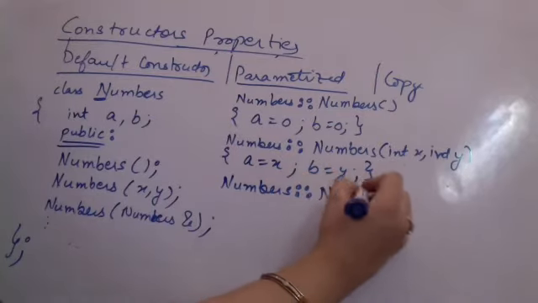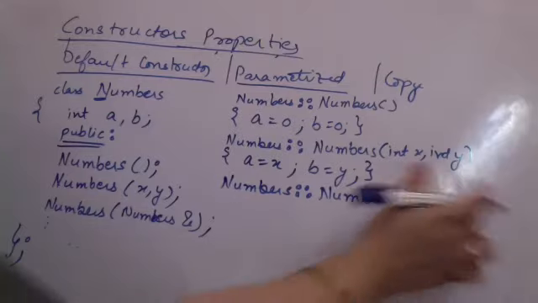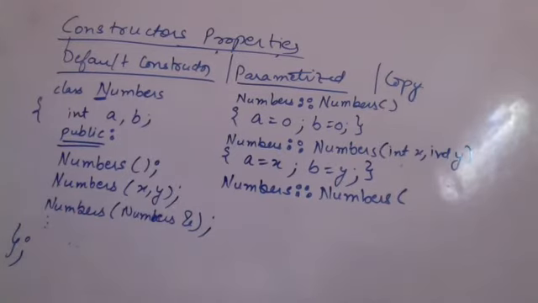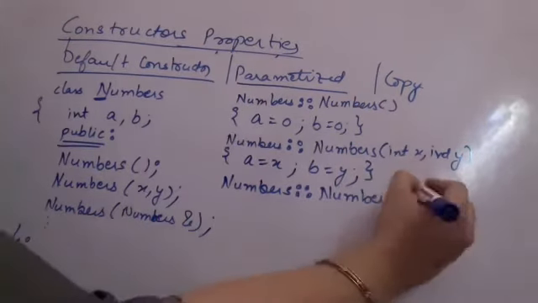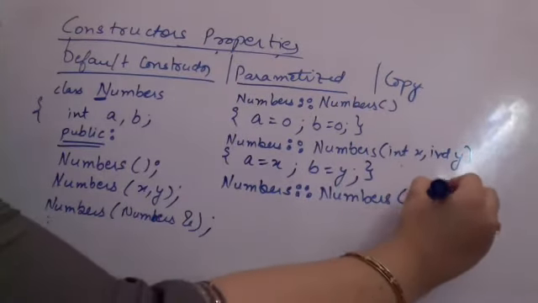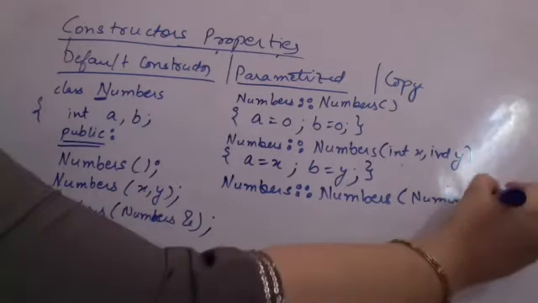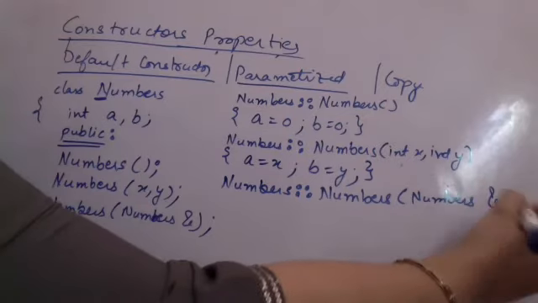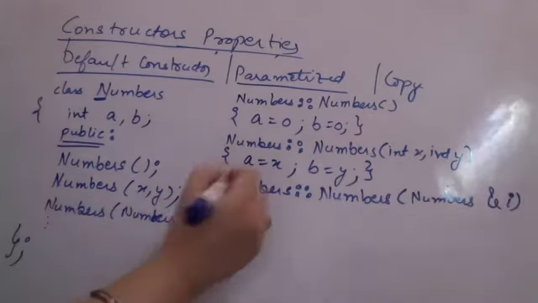Copy constructor essentially means that when I have the reference of an object of the same class as a parameter, then it is known as a copy constructor. Now, when I'm going to create the copy constructor, the parameter is of type Numbers, and I'm having a reference here, and I'm mentioning supposedly, say i, any variable I'm giving.